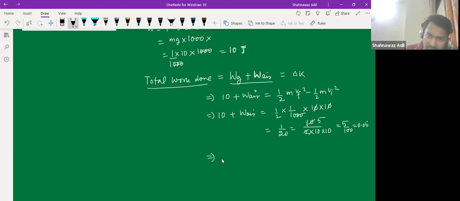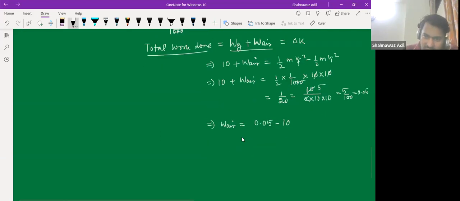So what would be W air? W air would be 0.05 minus 10. So this is 0.95 joules. This is the work done by the resistive force. Clear, guys?